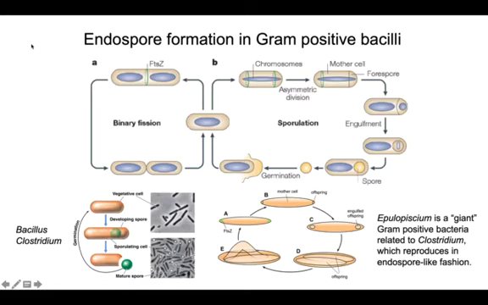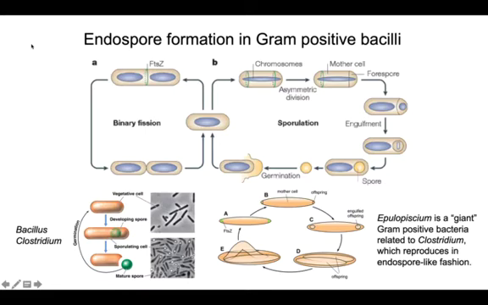So what happens is a mother cell, once the DNA is replicated, will travel either to one or the other end or both ends of that mother cell. Again, the offspring then will start to grow within the mother.